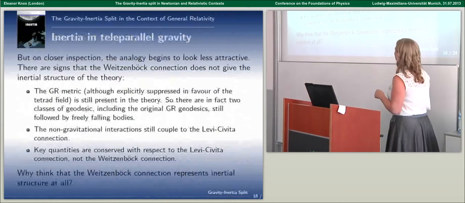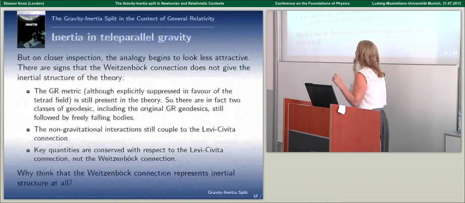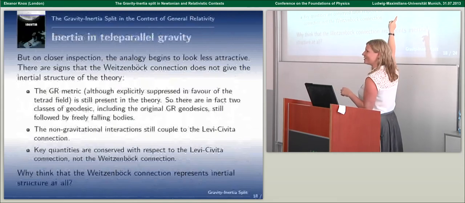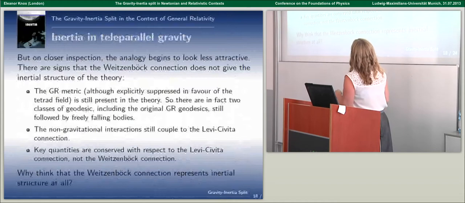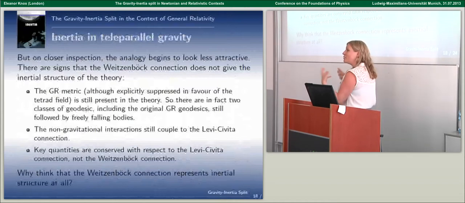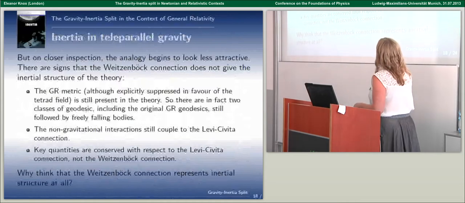And then you start to look more closely and you realize they actually introduce something called the teleparallel covariant derivative, which turns out just to be the Levi-Civita covariant derivative. So the non-gravitational interactions, in fact, still couple to the Levi-Civita connection. So minimal coupling holds with respect to the Levi-Civita connection. Unsurprisingly, because this is exactly equivalent to general relativity.